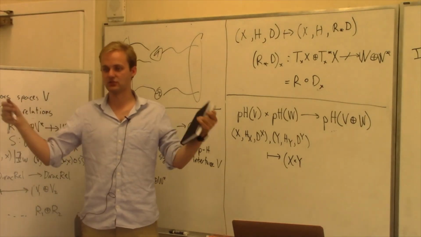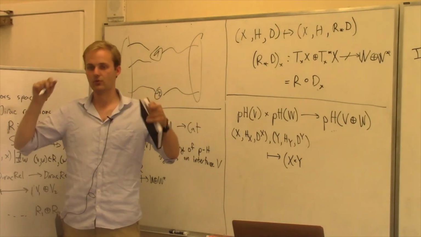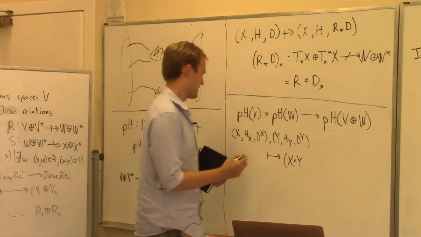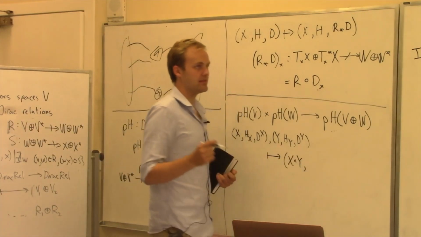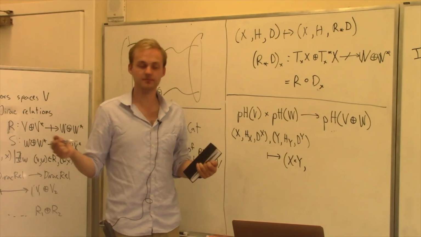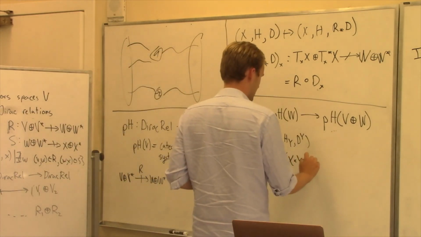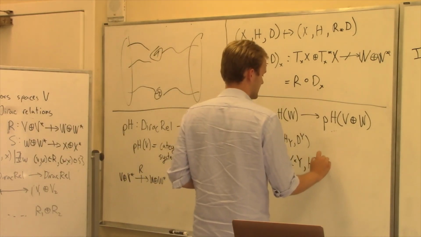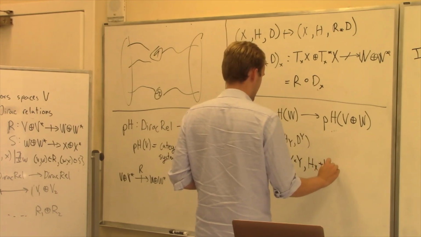The state space of the two systems independently is just, you have a state in one and a state in the other. Then the energies just add up. So it's going to be h sub x plus h sub y.